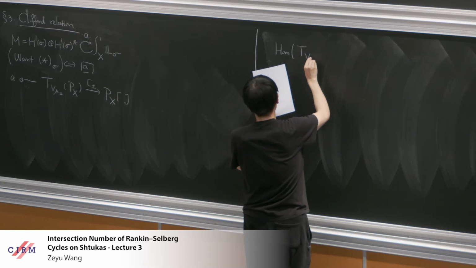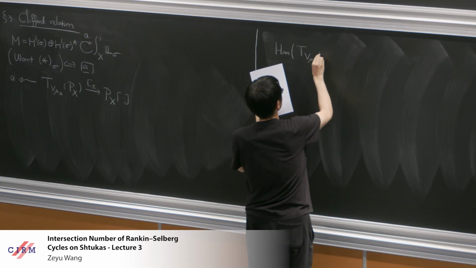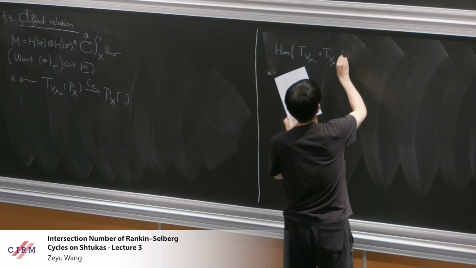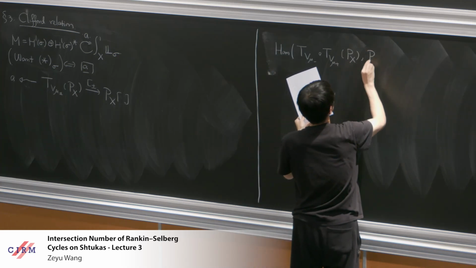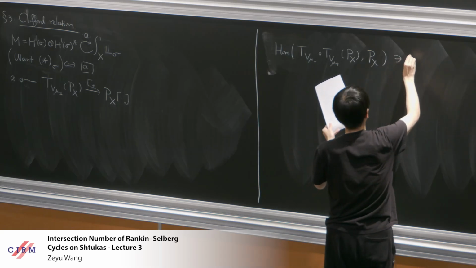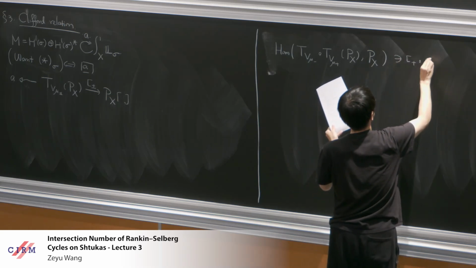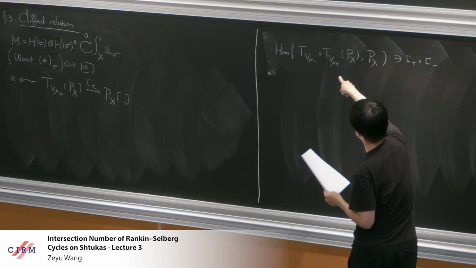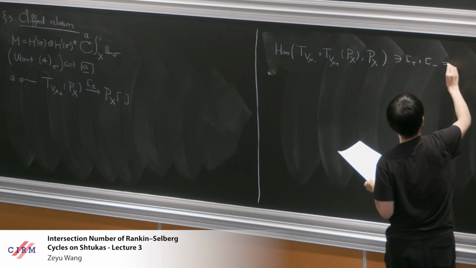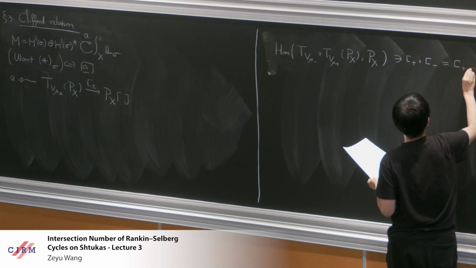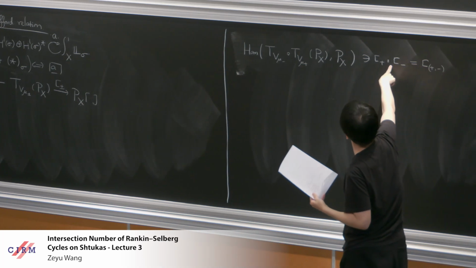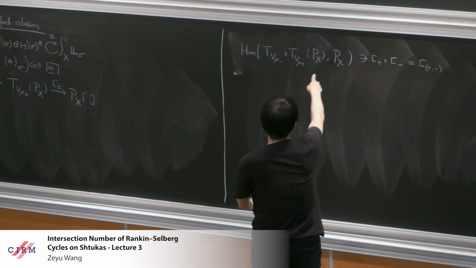So you try to compose these two, and you get a cohomological correspondence of this form. This composition was previously denoted by this, but it's okay. There's a notion of composition of cohomological correspondences.